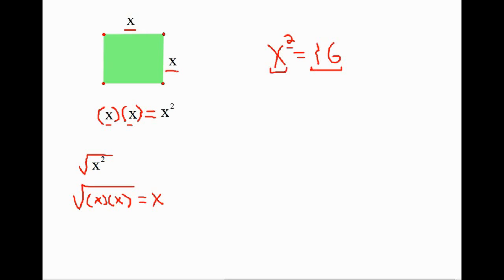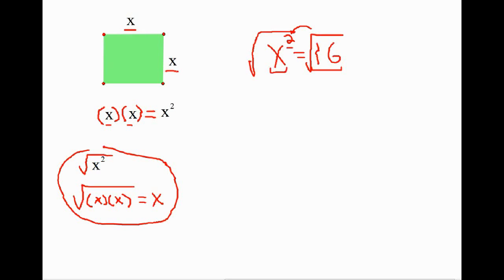But if we're asked to solve this algebraic equation, we're trying to isolate the variable, so we have to get rid of squared. Well, as we can see over here, to get rid of squared, we do the square root. If we square root one side, we have to square root the other side. The square root of x squared is x, and the square root of 16 is 4. And if you remember, our original equation was x squared equals 16.